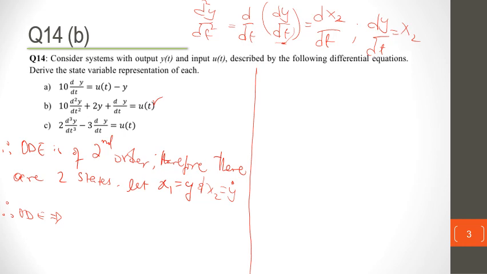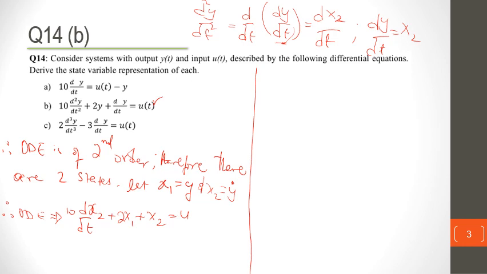becomes 10 d²y/dt² plus dy/dt plus 2y, which in states is 10 x2 dot plus x2 plus 2x1 is equal to u.